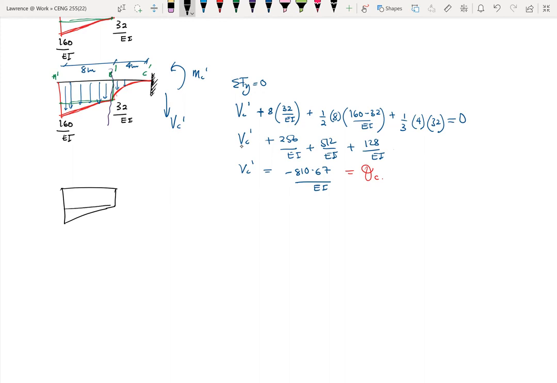Then I have MB prime, MB, VB prime, and that's it. So these are what I have. And this end is 160 over EI, and this end is 32 over EI.